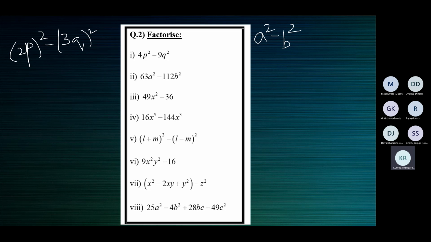Factorize means you should find the factors. The two factors of the given expression are 2p plus 3q and 2p minus 3q.